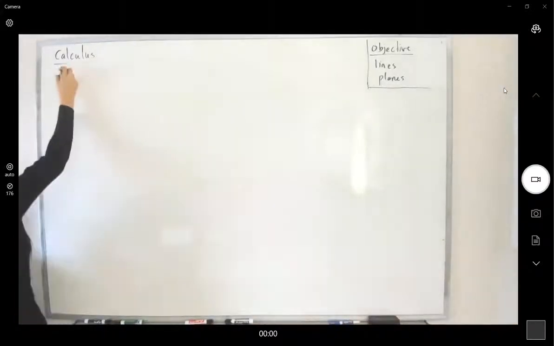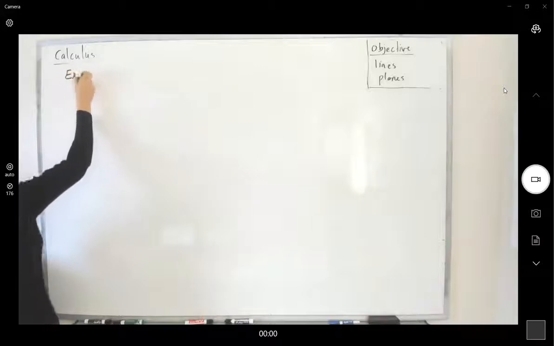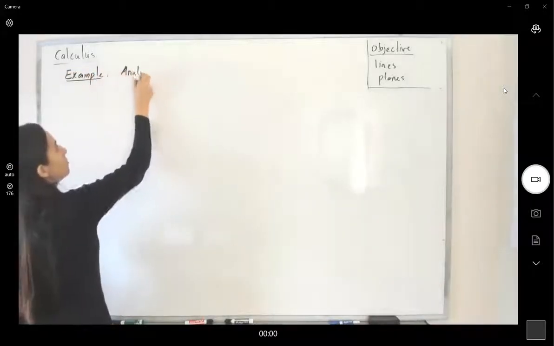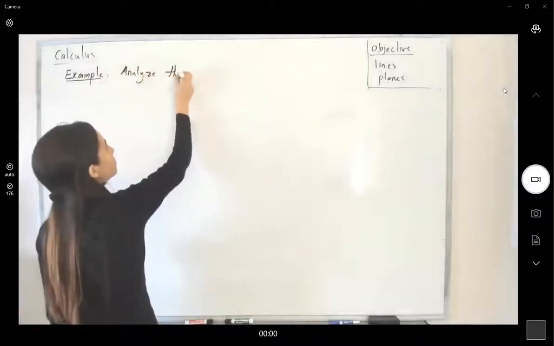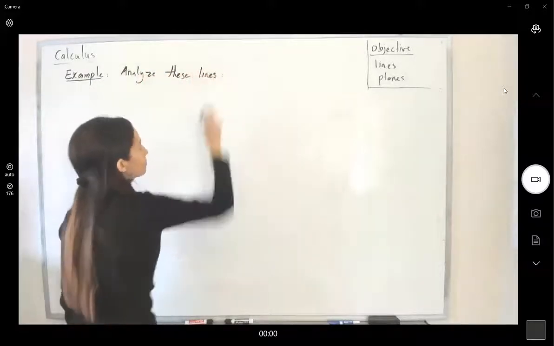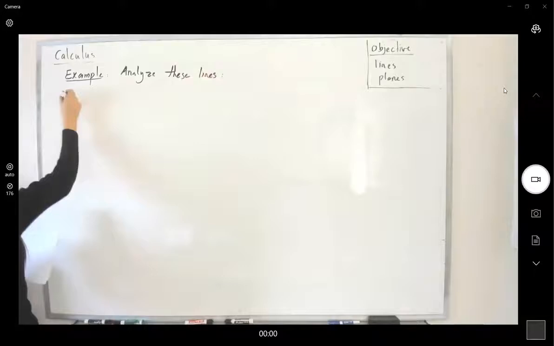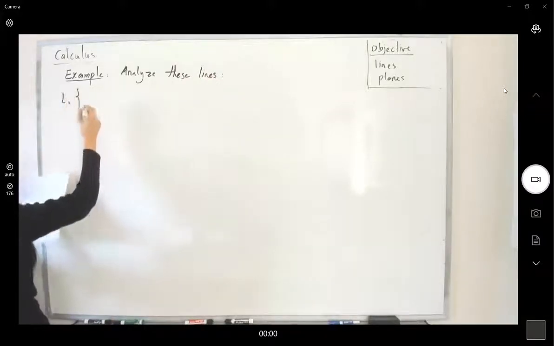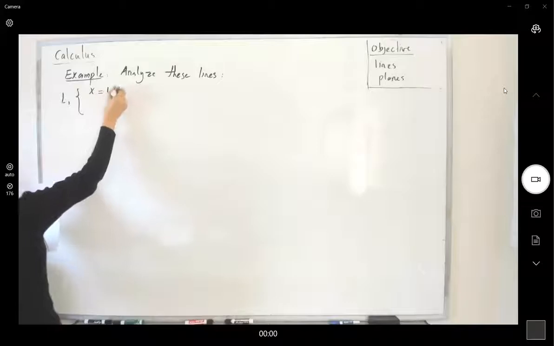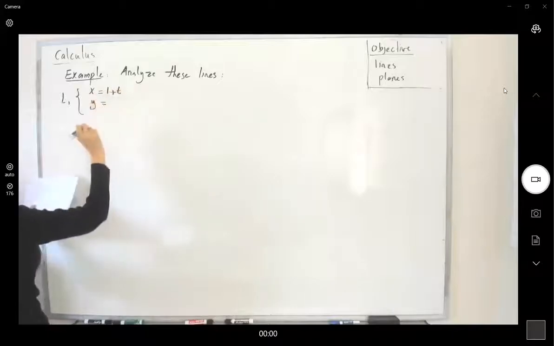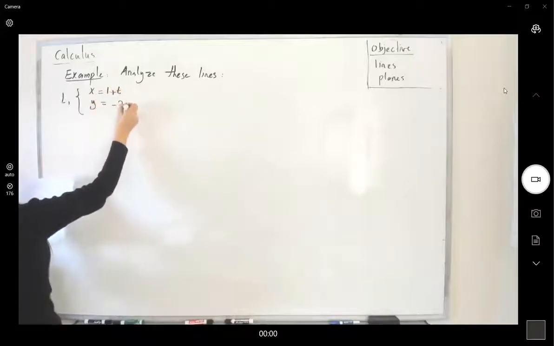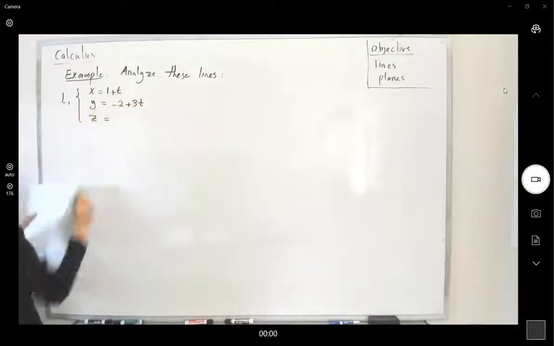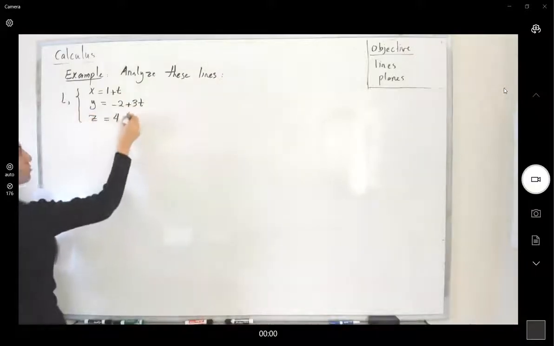The example says, analyze these two lines. The first line is given to us as L1: x is equal to 1 plus t, y is given to us as -2 plus 3t, and z is given to us as 4 minus t.